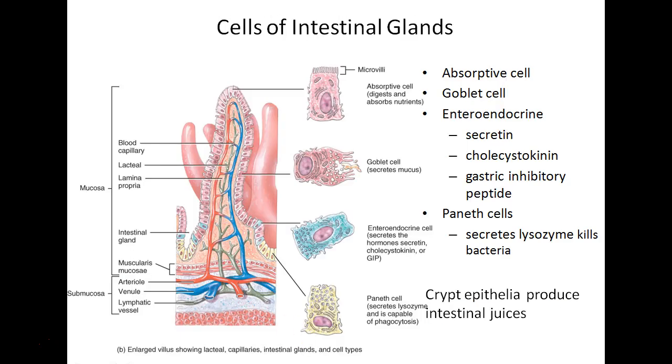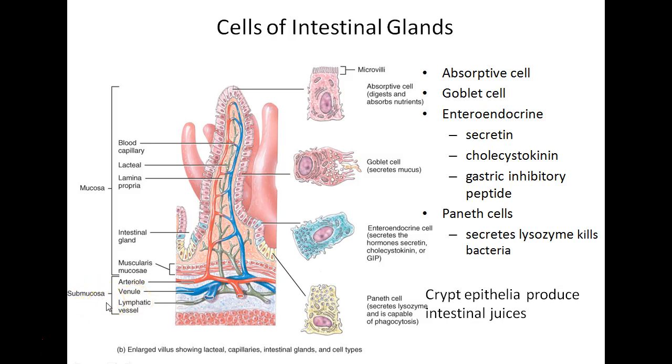Now we take a closer look at some of these specialized intestinal glands. So let's start by getting our bearings straight. Remember that we are in the small intestine, and these finger-like projections are referred to as villi. And so notice that we're discussing these cells that line the sides of these villi. The first one to note is the mucosa layer and the submucosa layer that has the vessels running through it.